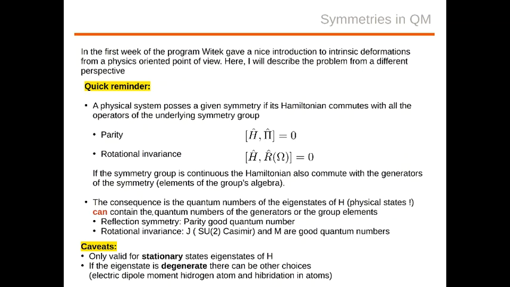The consequence of these commutation relations is that we can use the quantum numbers of the symmetries to label the eigenstates of the Hamiltonian. In the case we have reflection symmetry, as a consequence of the Hamiltonian being reflection symmetric, parity is a good quantum number, and we can use it to characterize our eigenstates, right?